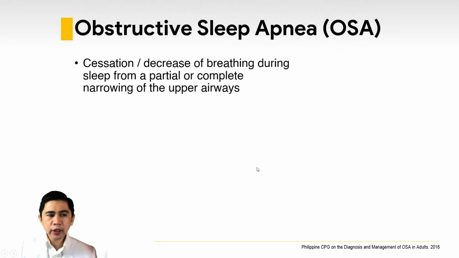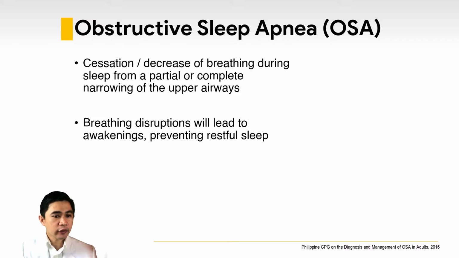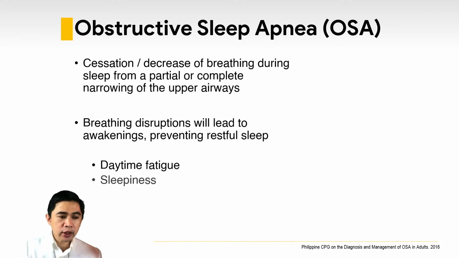Obstructive sleep apnea is a cessation or decrease of breathing during sleep from a partial or complete narrowing of the upper airways. These breathing disruptions will lead to awakenings, preventing restful sleep. And if you don't have restful sleep, in the morning you will have daytime fatigue, less energy, and you will be very, very sleepy.